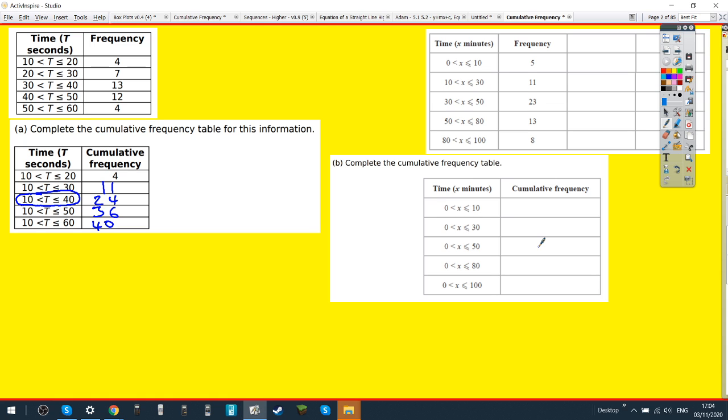Oh, which one? Question on the right. Okay. It's just one big question.